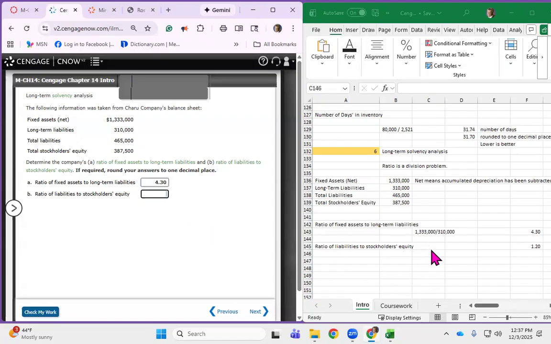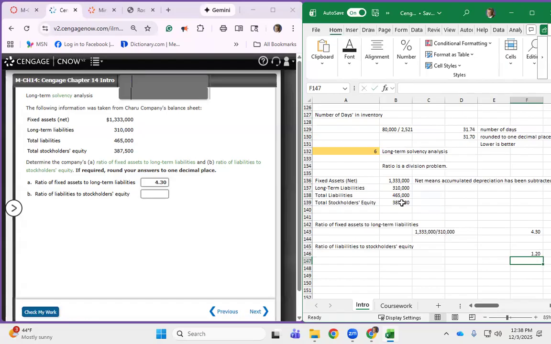Okay, so then the second one to calculate this, let me move this down. I'm just going to redo it. Equals total liabilities divided by total equity. So remember, your liabilities and your equity are the second half of your balance sheet.